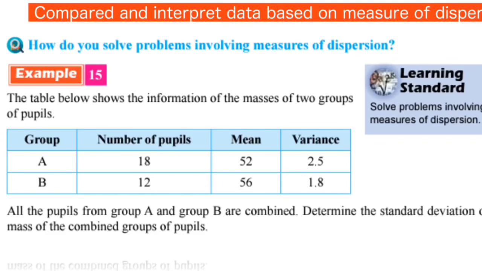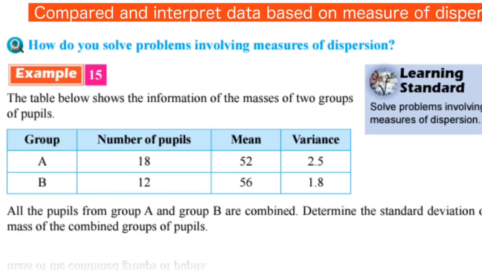Let's see, this question is a bit tough, a bit challenging. The table below shows the information of the masses of two groups of pupils. Group A has 18 pupils with mean 52 and variance 2.5.